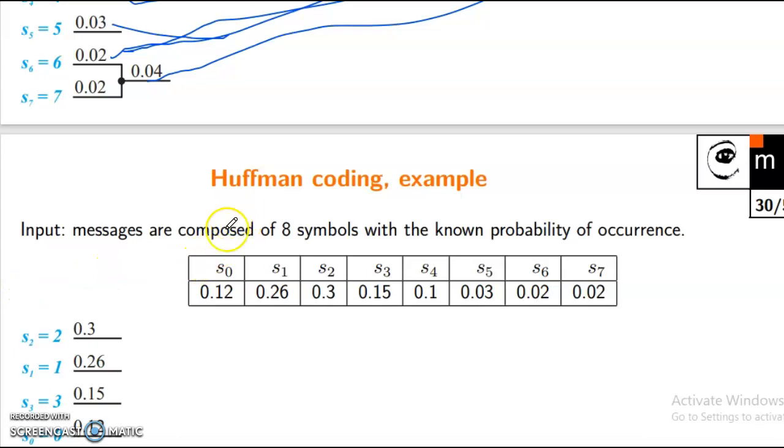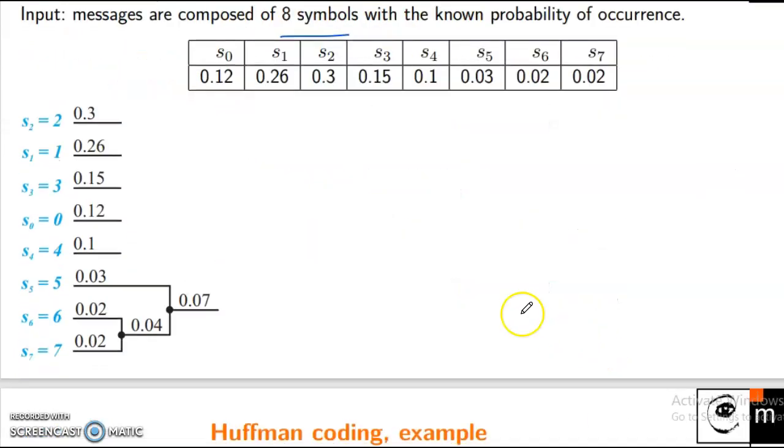Huffman coding example. Input messages are composed of 8 symbols with the known probability of occurrence, S0, S1, S2, S3, S4, S5, S6, S7. S2, 0.3.